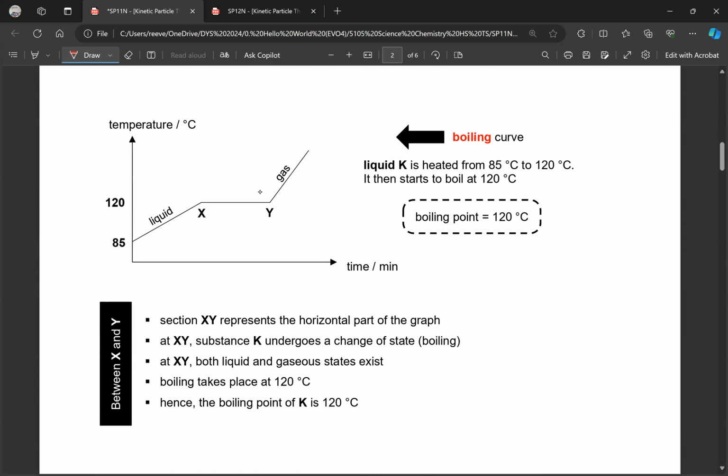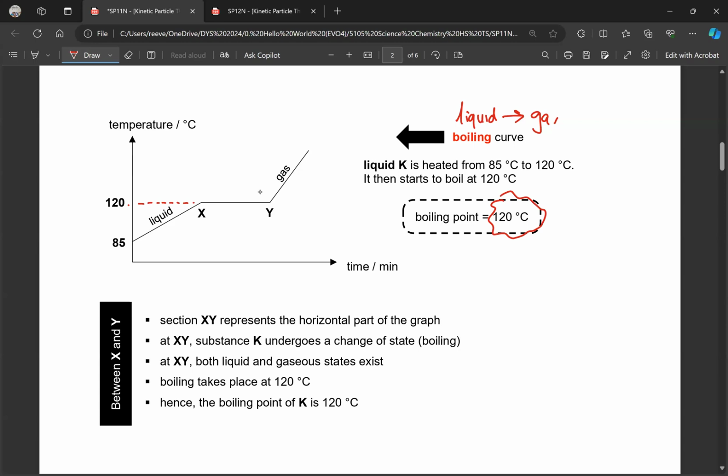This is also a heating curve because the temperature is going up. You are heating it. But over here, if you check carefully, it's boiling, because the liquid is becoming a gas. So over here, I also have a special number, which is called the boiling point. The boiling point of this substance, K, is 120 degrees Celsius.